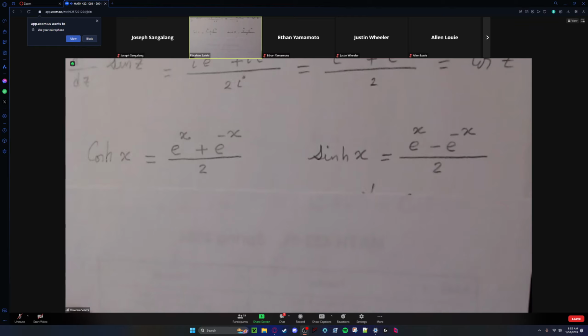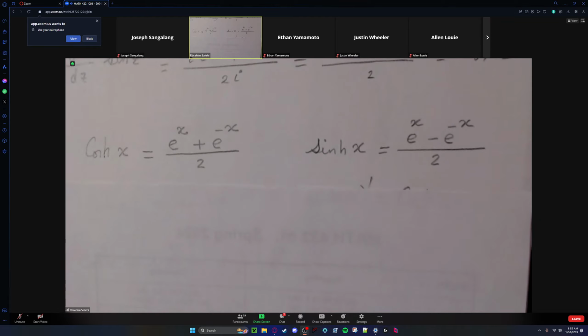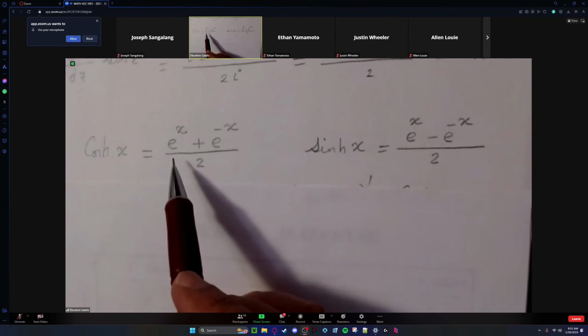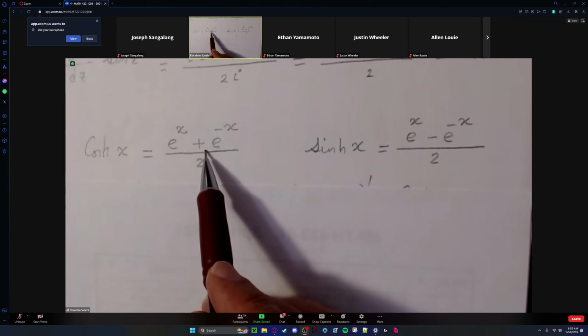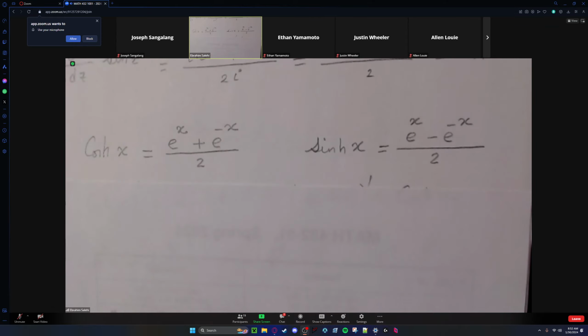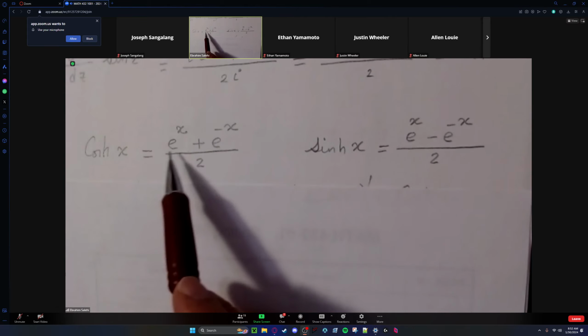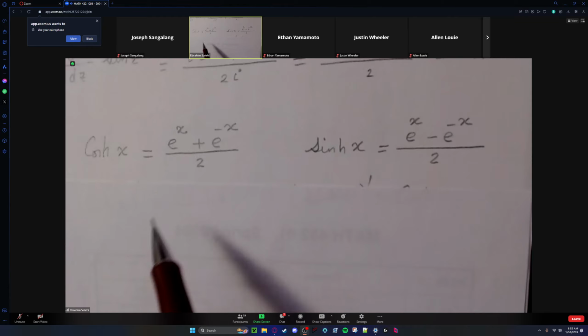So here is cosine hyperbolic. Cosine hyperbolic of x is just e to the x plus e to the negative x divided by 2. And nothing new, right? Nothing new, but the average of e to the x and e to the negative x.